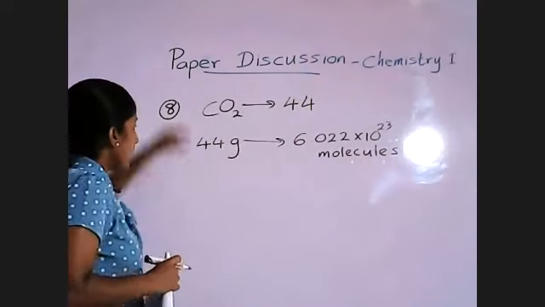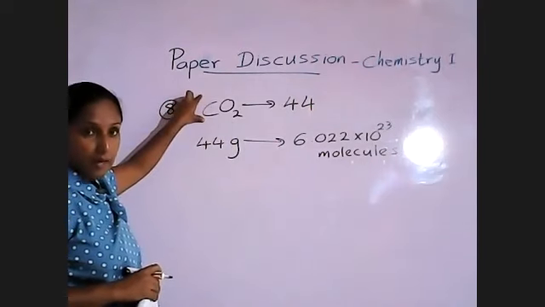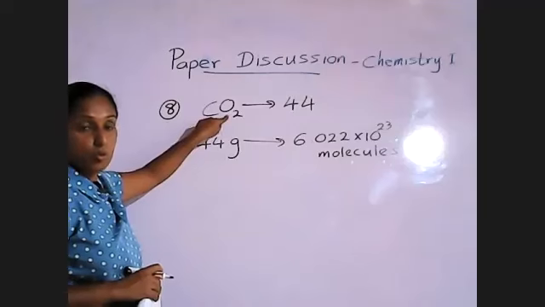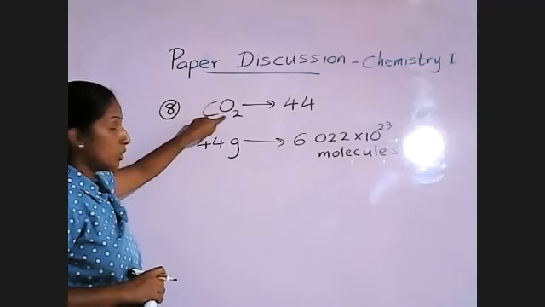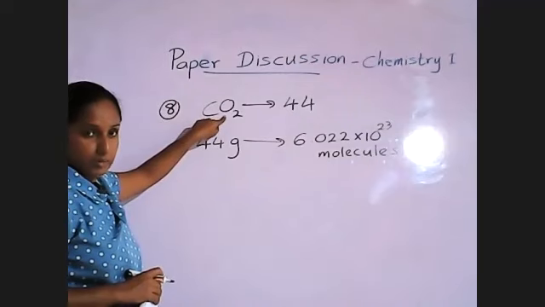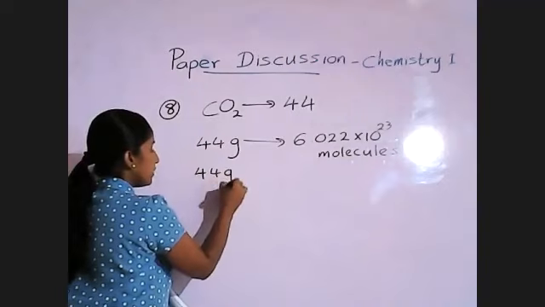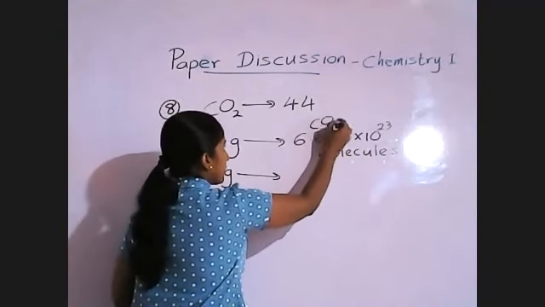And we know that in one carbon dioxide molecule, there are 2 oxygen atoms. So within 44 grams of carbon dioxide, this is carbon dioxide.